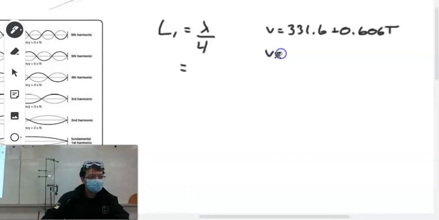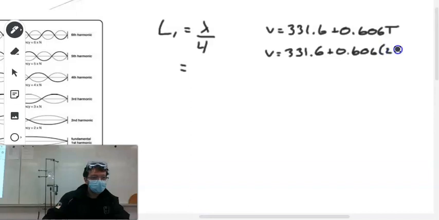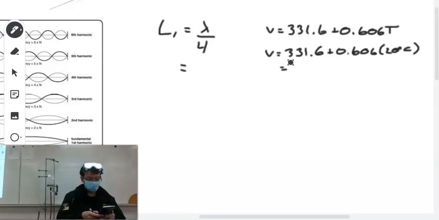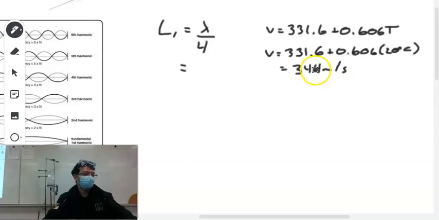So the speed of sound in this room will be about 331.6 plus 0.606 times 20 degrees Celsius. That gives about 343.8, so I'm just going to round to 344 meters per second. That's the speed of sound in this room.